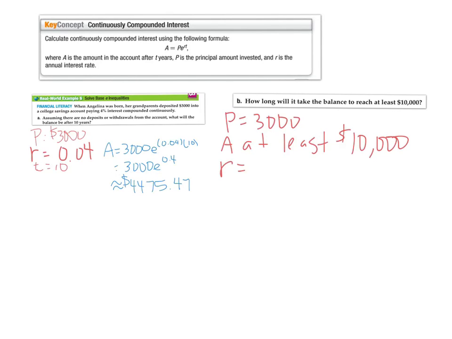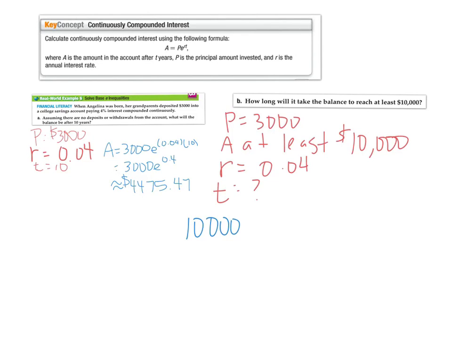Our R is still 0.04. But this time we want to know how much time it's going to take. So our time is what is unknown. We're going to take all these pieces and plug them in. So our A is $10,000.